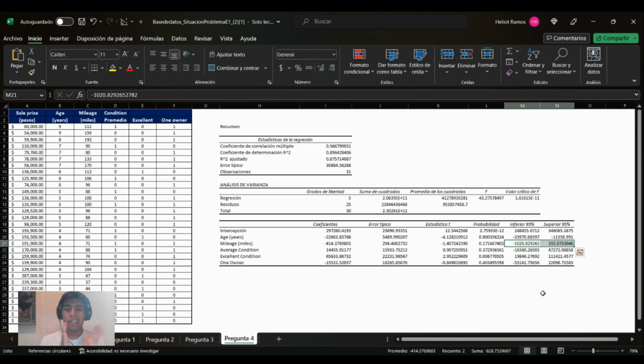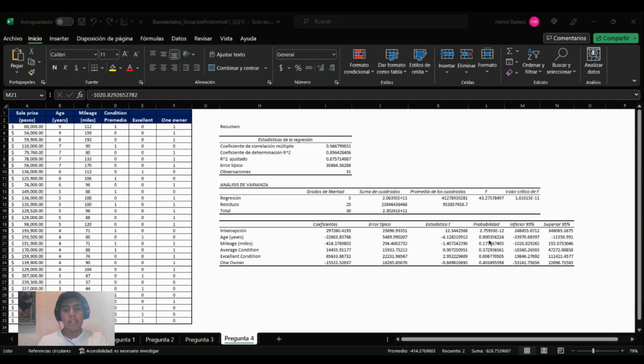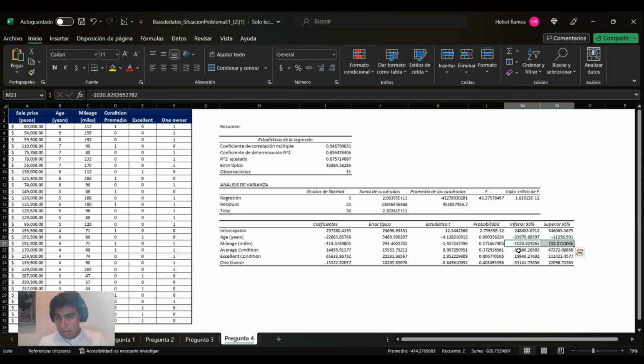That range actually contains zero, so as zero is a possible value, that coefficient of mileage would be zero at some point, making it not statistically important for our model. The same I think happens for the next one, average condition. That doesn't really matter to us in this model because of that zero. And the one owner also doesn't fit the restrictions.